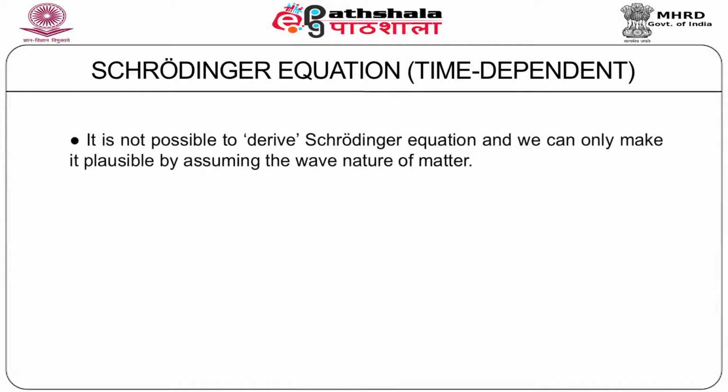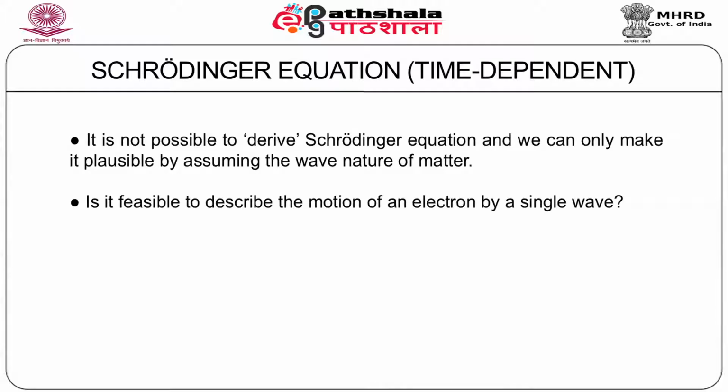Now, as I said, it's not possible to derive Schrodinger equation, and we can only make it plausible by assuming the wave nature of matter. And then, is it feasible to describe the motion of an electron by a single wave?